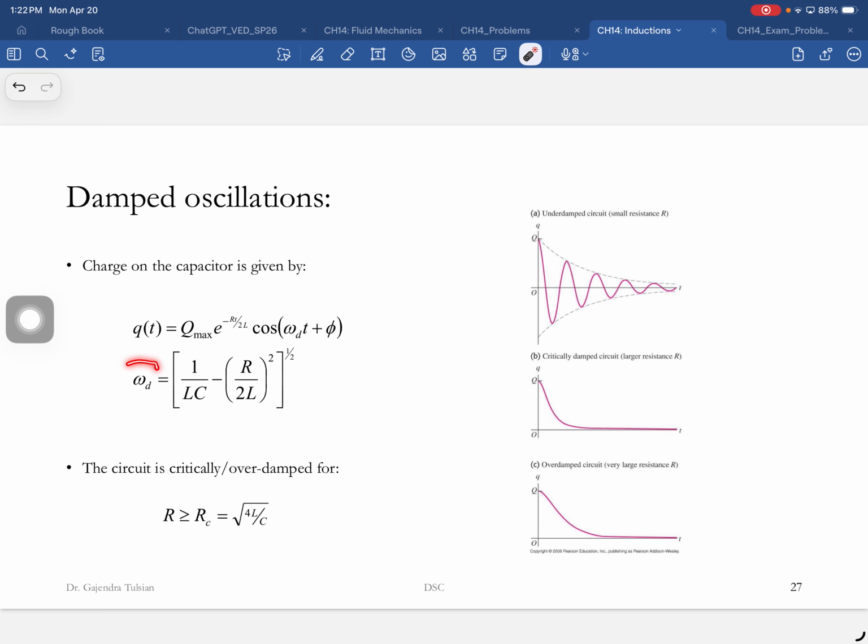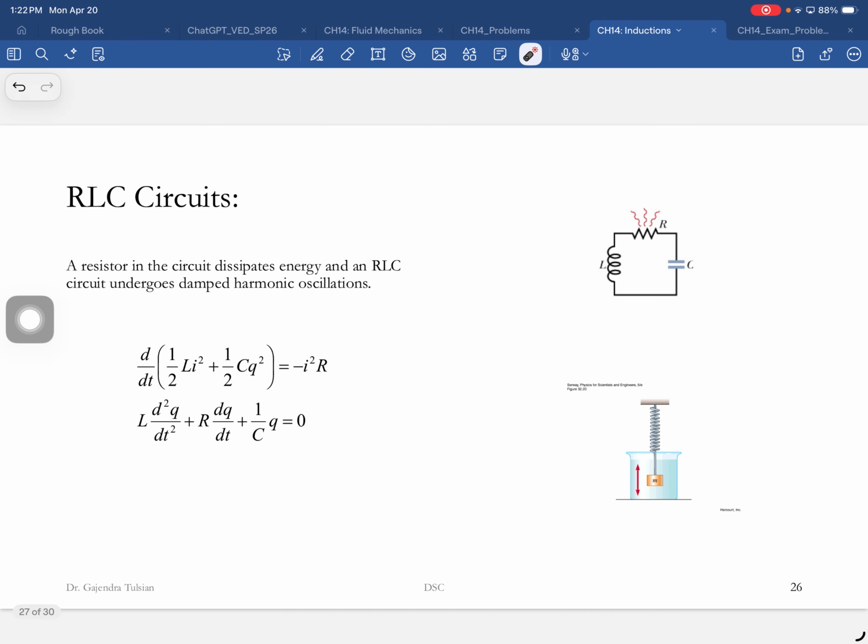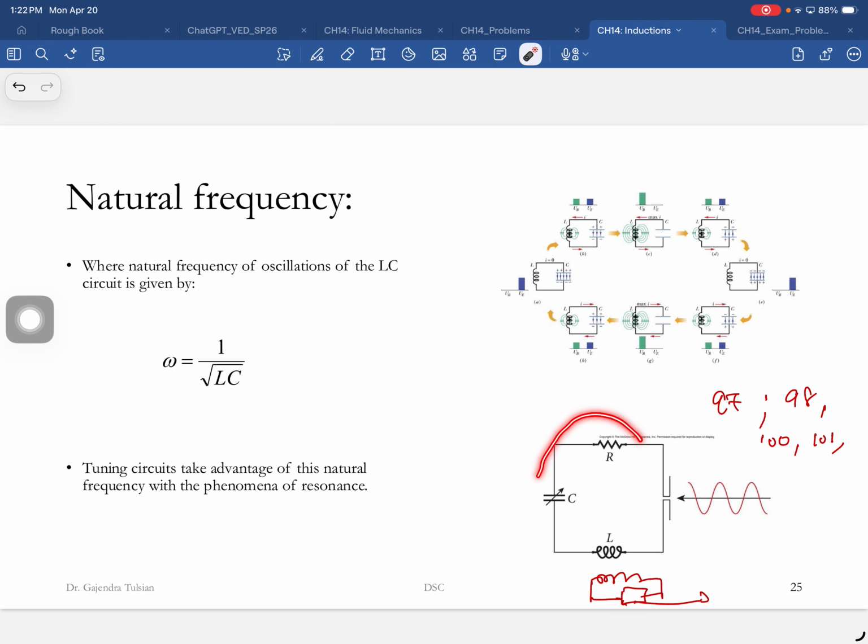And the new frequency at which it oscillates is modified by the presence of the resistor. So this is the frequency of the oscillator with the resistance present. So you have an expression for the frequency, and as long as the driving frequency matches the natural frequency, you set up large amplitude oscillations.